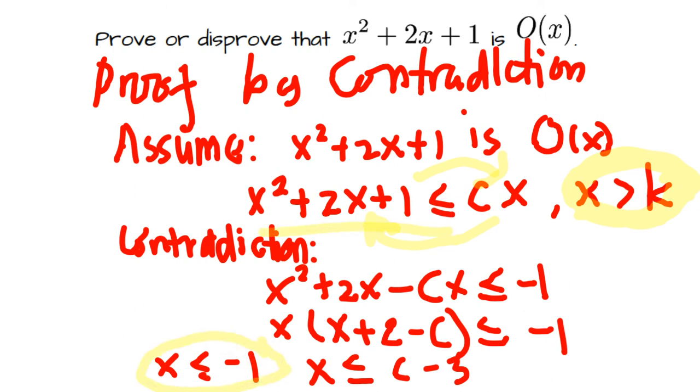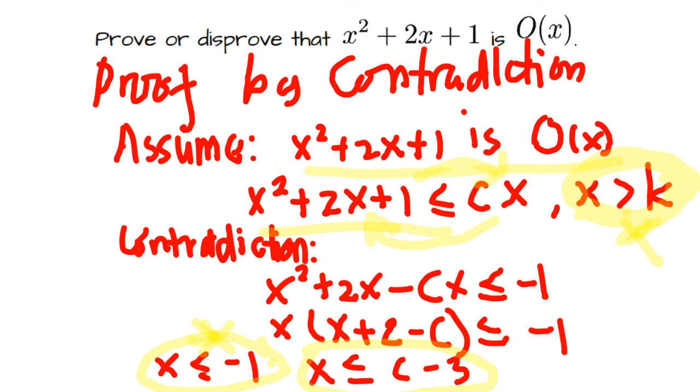Okay, so the contradiction is this. We have already assumed that x is greater than a certain constant k. However, when we tried to solve the assumption, we ended up with an x which is less than negative 1, which contradicts our assumption.